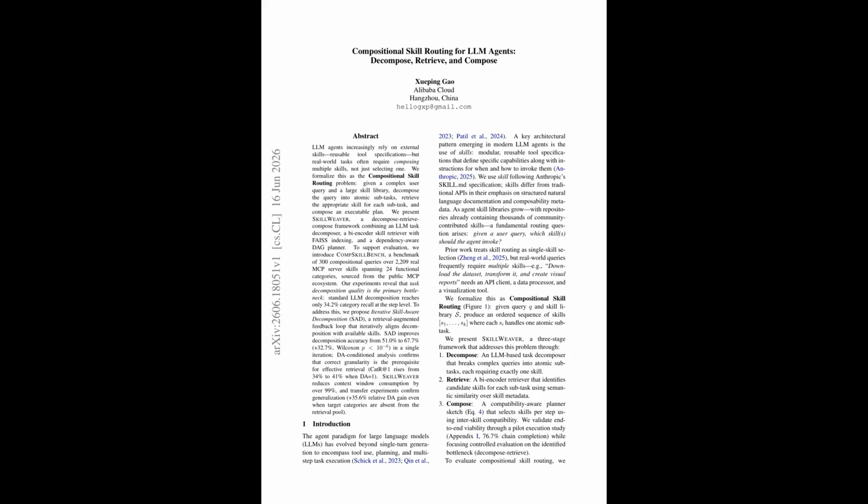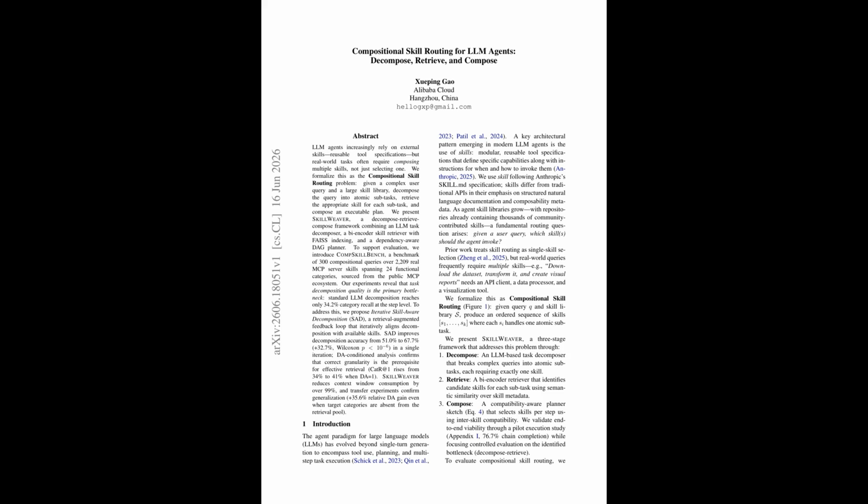First, why does feeding retrieval results back into decomposition help so much when on paper the LLM should already know how to break down tasks? The answer is that decomposition isn't really about logical reasoning here. It's about producing subtask descriptions whose vocabulary matches what's actually in the skill library. A vanilla model writes things like, "process the data," when the library has a skill called ETL pipeline transformer.